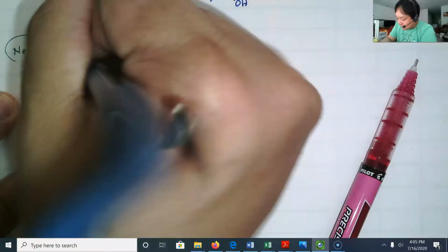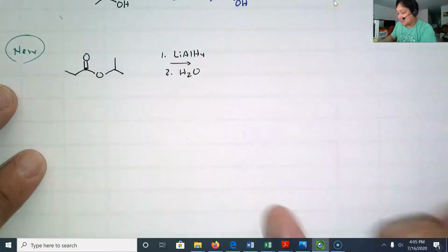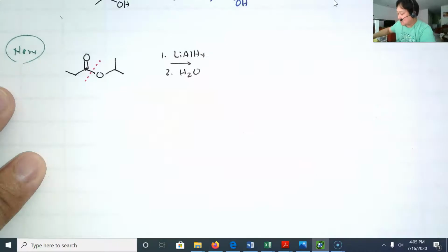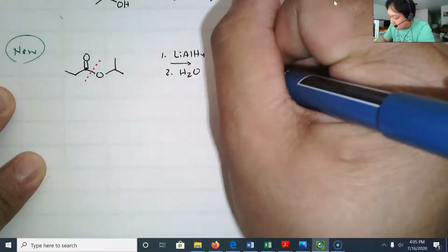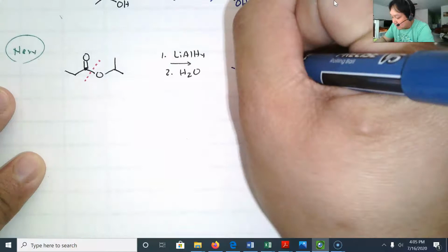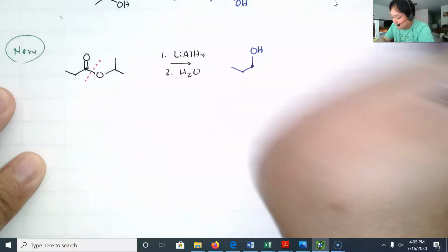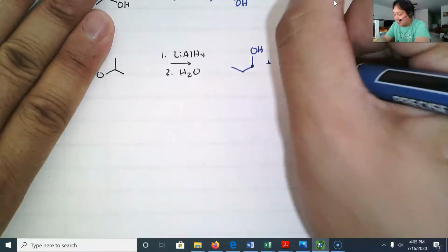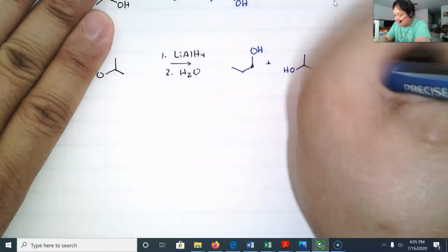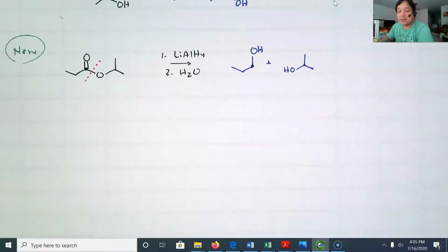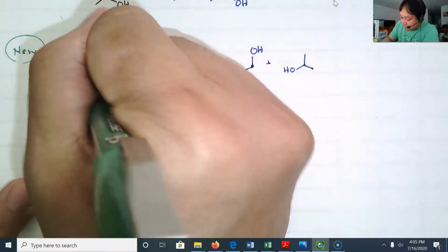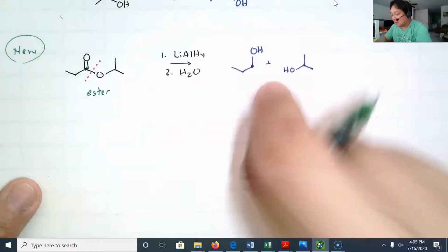Here's your dot. We're going to reduce these carbons that are attached to oxygens. But also, a little bit strange, unless you take a look at the mechanism, you're going to cleave. So here's your dot, and you reduce it to an alcohol. But the other half of the molecule is an alcohol as well, and it looks like this. Just have to match the R group. That is how LiAlH4 reduction of esters occurs.